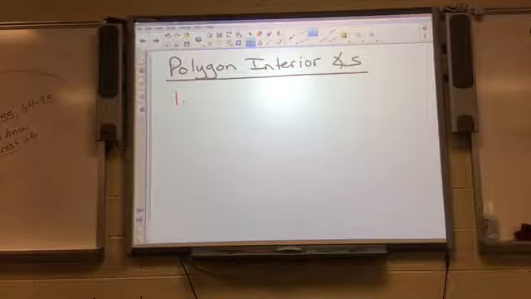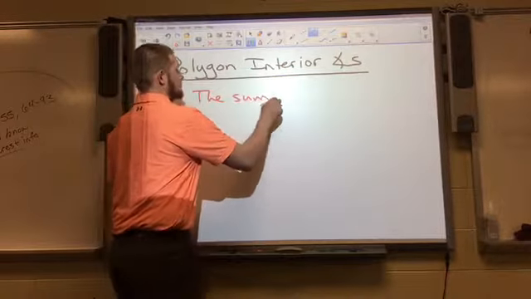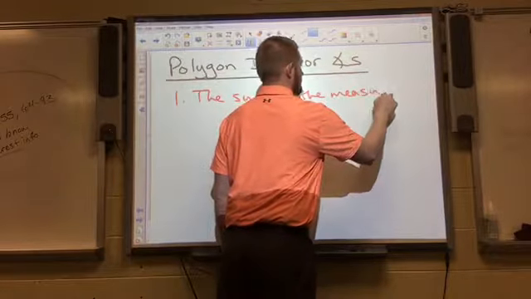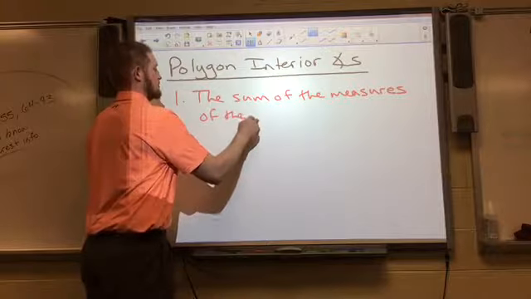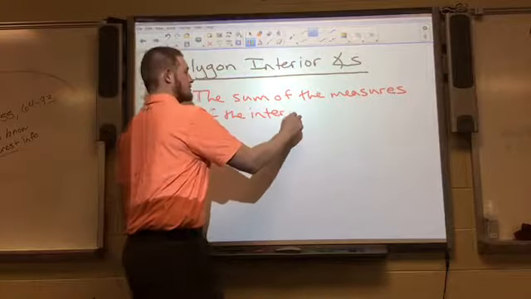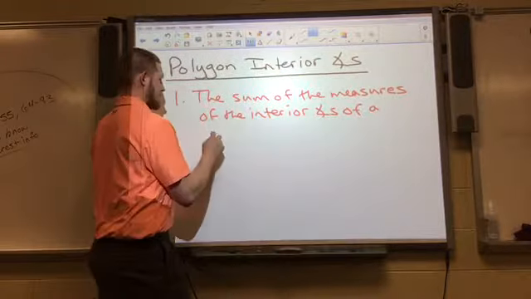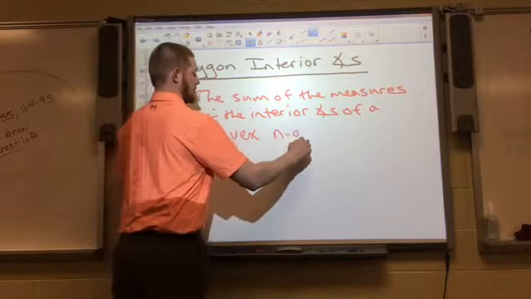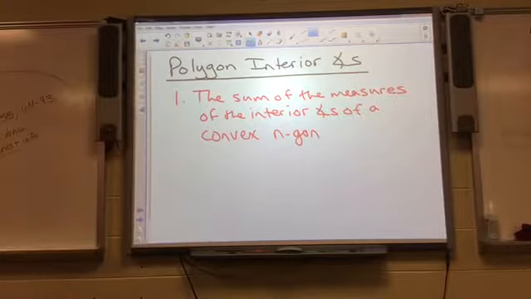The sum of the measures of the interior angles of a convex n-gon, n-gon just meaning any number of sides, polygon, right?